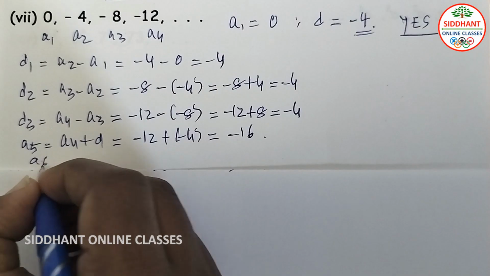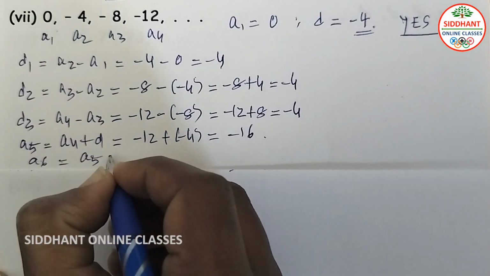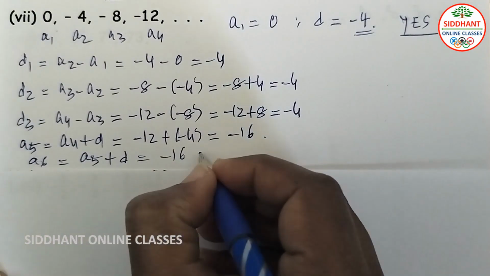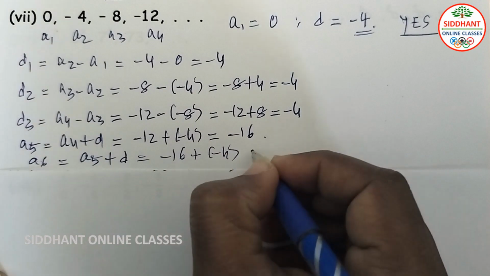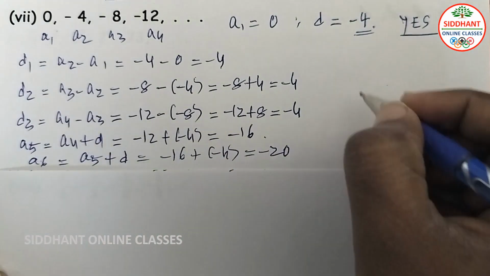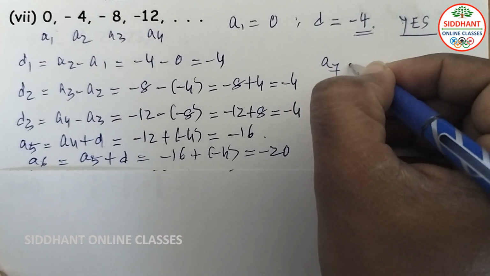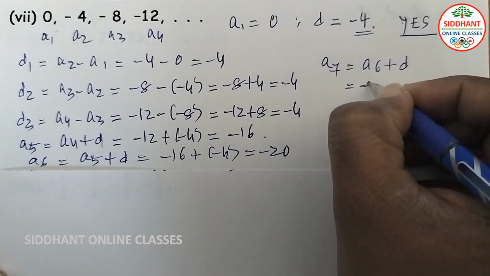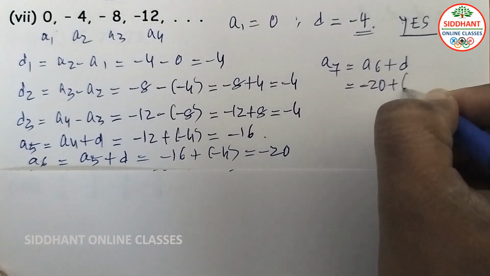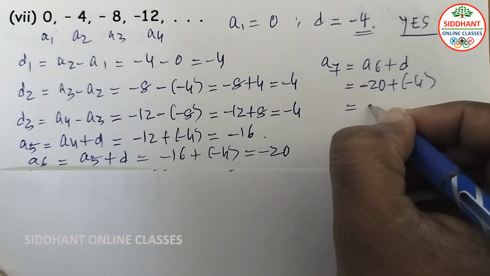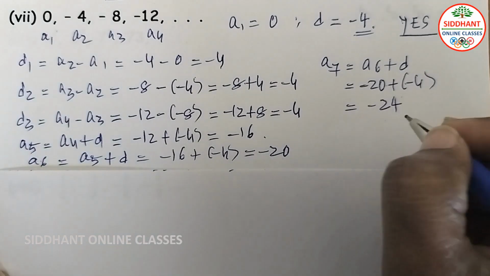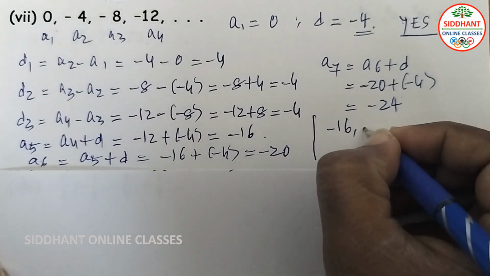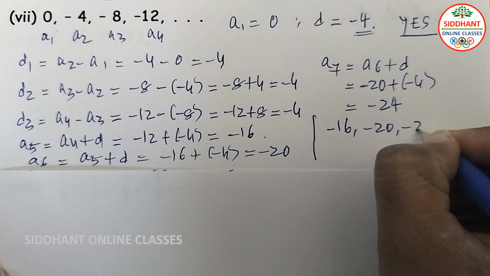Next a6 will be a5 plus d, that equals a5 is minus 16 plus minus 4, that equals minus 20 here. Next a7, when you are going to see a6 plus d, that equals a6 is minus 20 plus minus 4, so that equals minus 24 here. So the next three terms are minus 16, minus 20 and minus 24 here.